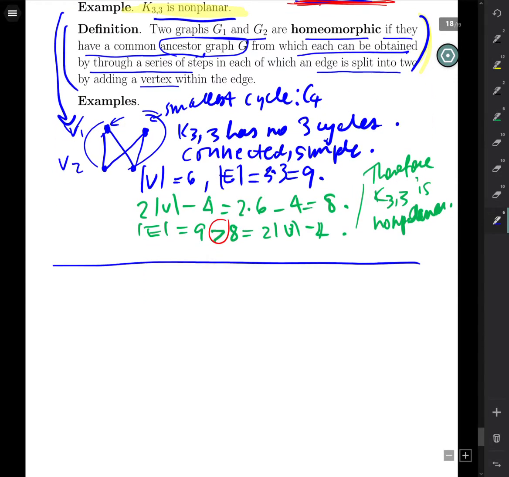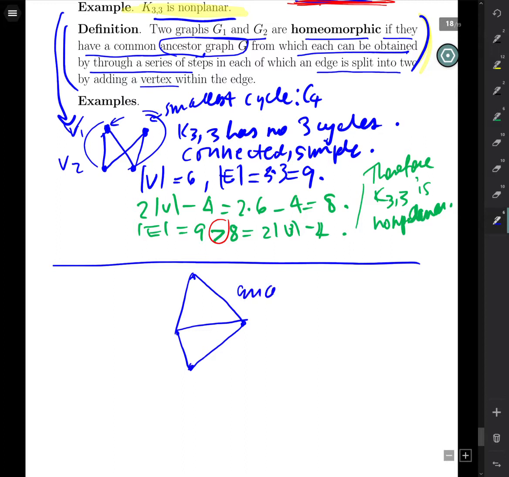So let's take 2 graphs that are homeomorphic. We'll start with a pretty simple graph here, maybe the graph that looks like this, and come up with some graphs that are homeomorphic.